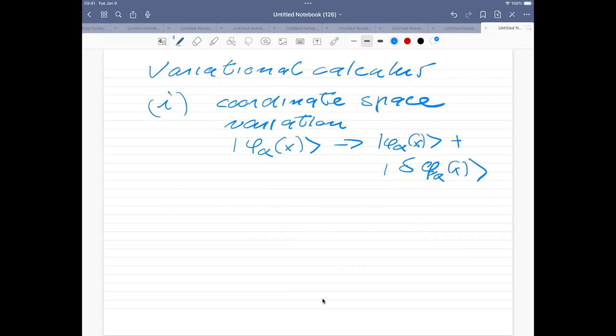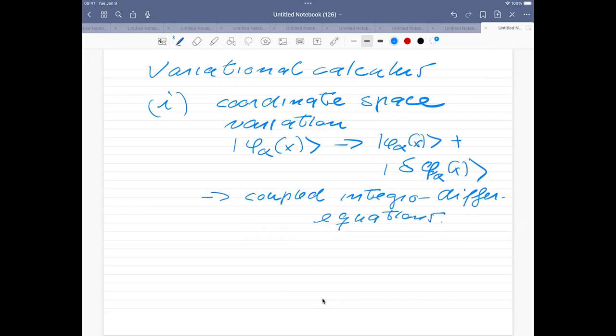Now, this leads to a recipe which was very much used before it was wiped out by standard linear algebra approaches. So this leads to a set of coupled integral differential equations. I'm not going to cover that because that as a recipe leads to a little bit more tricky numerical approach, and which can also be prone to instabilities.